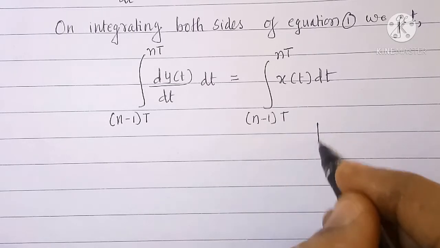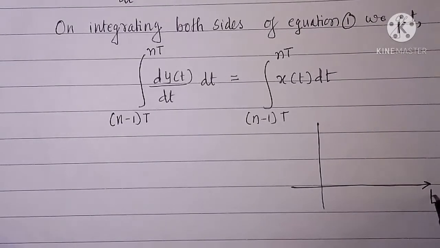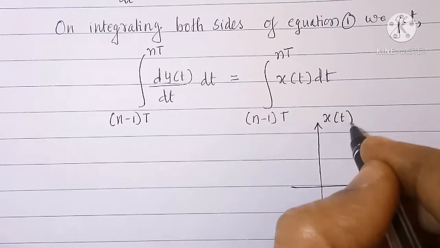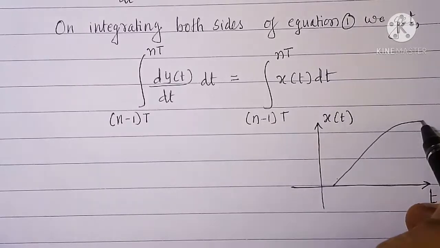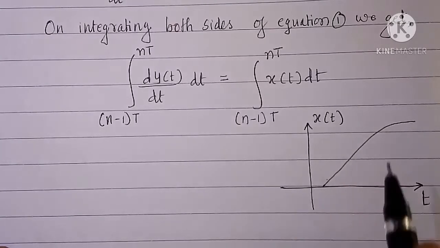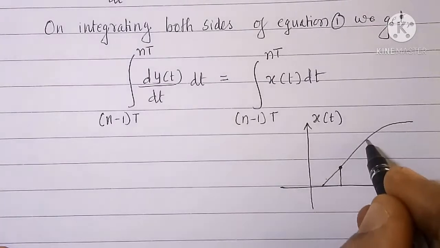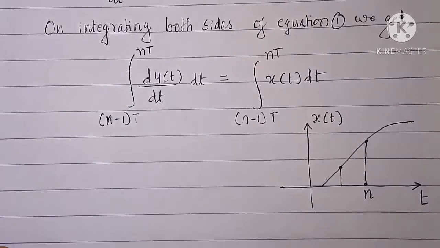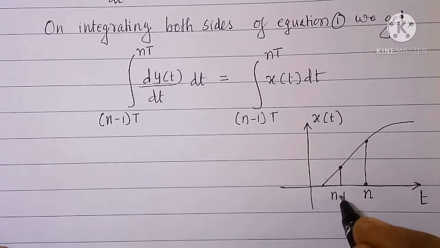That means we are having here a certain function, say x of t, which varies with time. I am integrating it between two samples. If it is my nth sample, then it will be the n minus 1th sample.